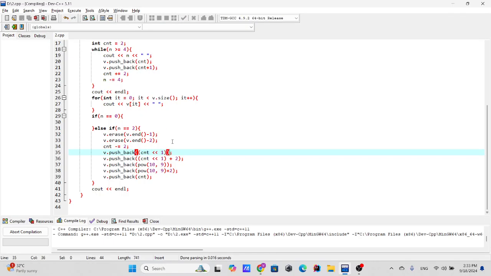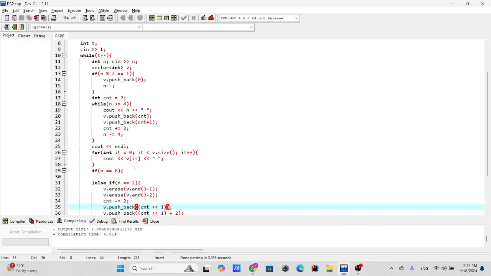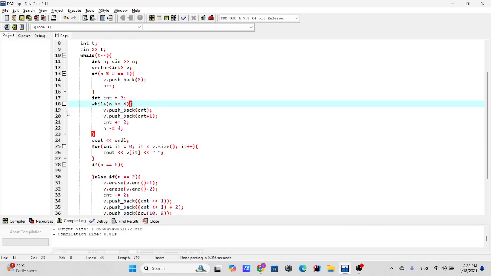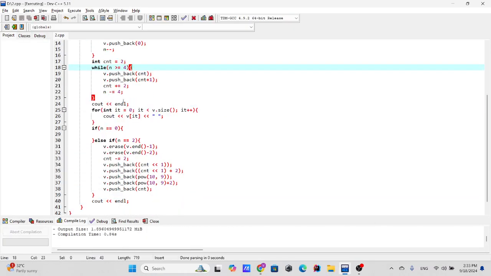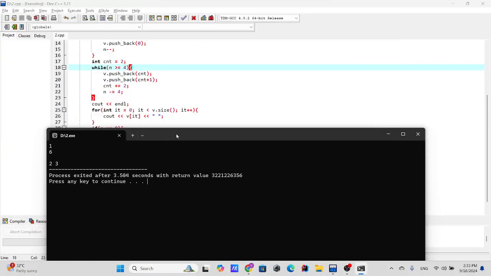I just don't understand this. 2 and 3. 2 and 3 is correct, right?